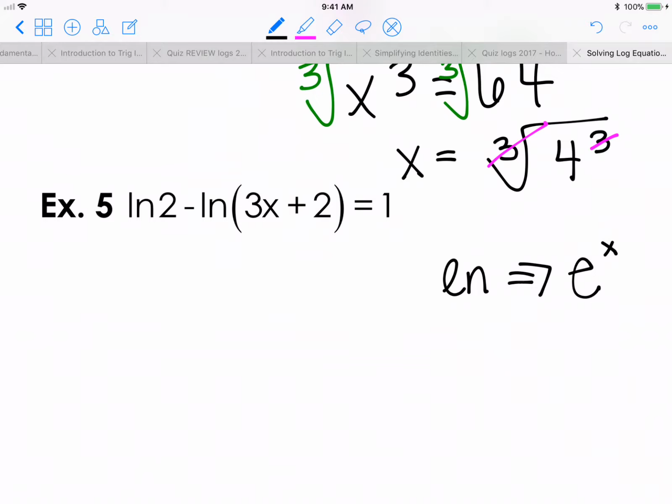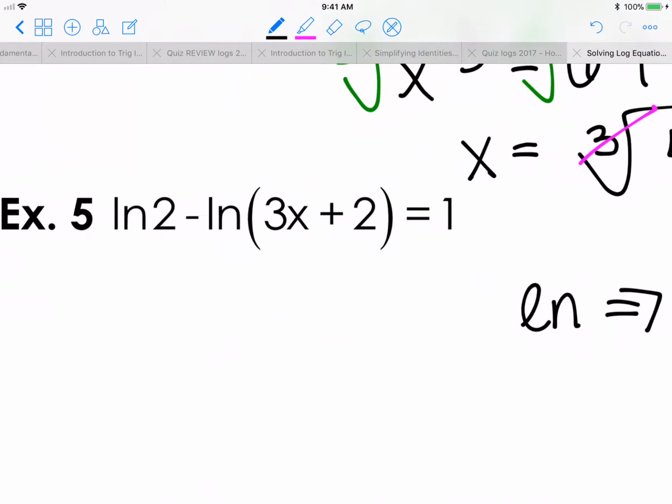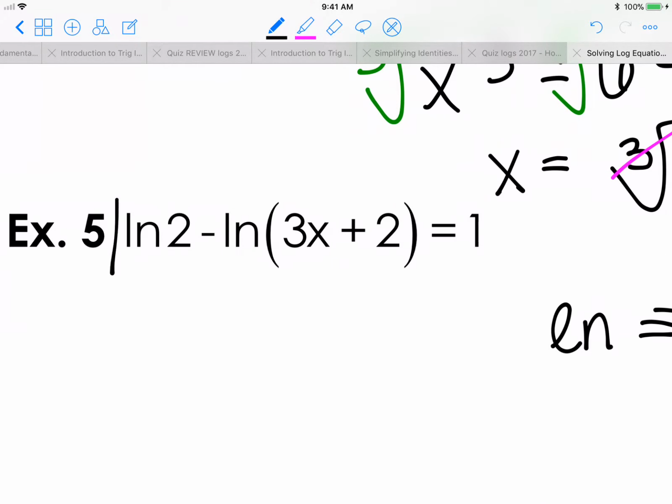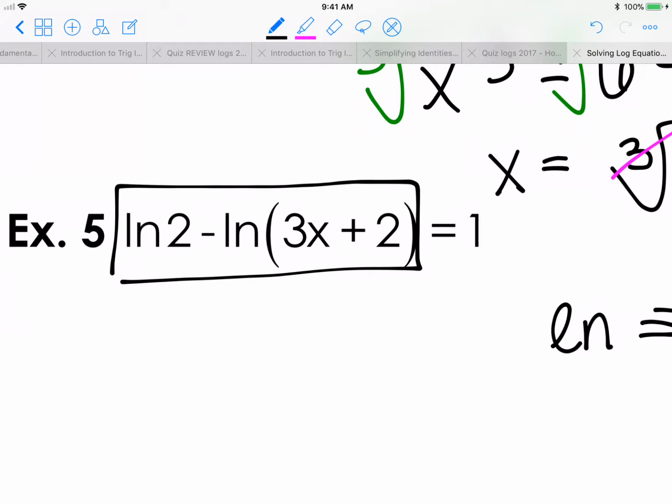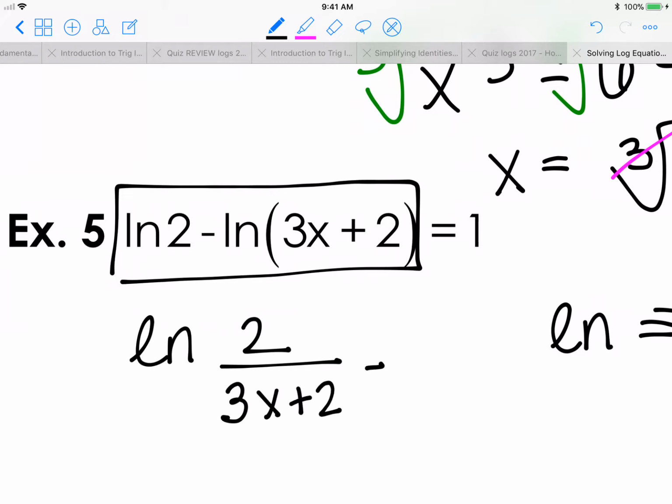So when we do exponentials and we start graphing these, we will work a lot more with natural logs, well, ln's and exponentials of e's. But when we do this, let's go ahead and combine this. Let's condense it. So if we condense these, we would condense it down to ln of 2 divided by 3x plus 2 is equal to 1.